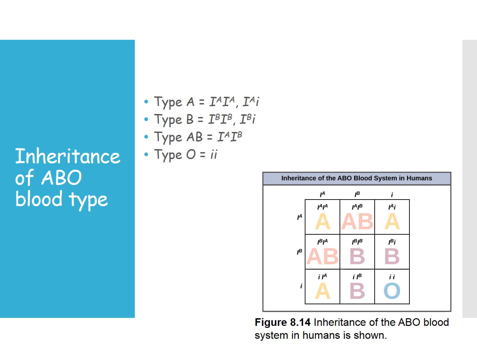A person that has B blood could inherit both B alleles, or an allele for B and one for O. Individuals that have type AB blood inherit one allele for A as well as one for B. And to have type O blood, you need to inherit both recessive alleles. Don't worry about that in terms of blood transfusion, because about 45% of the human population has type O blood.